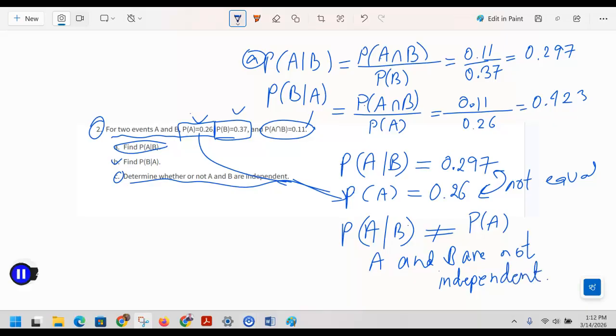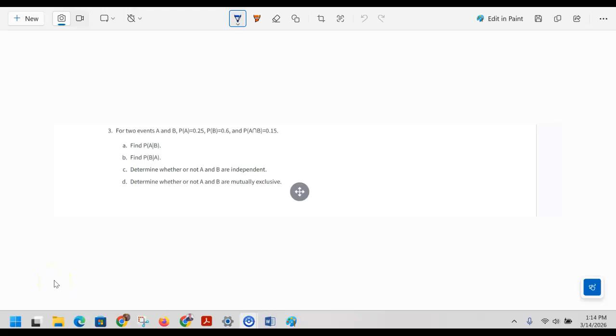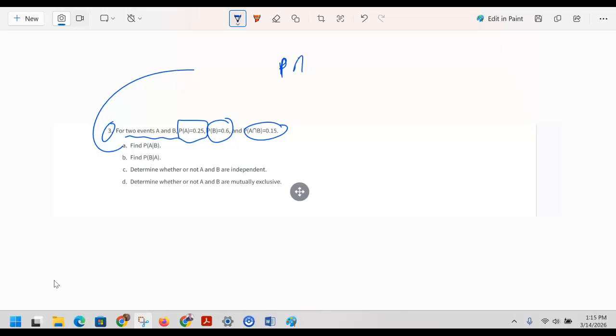Let's do another one. Let's check this probability. Again, they give us three probabilities: probability of A is given, B is given, and A and B is given. The first question is probability of A when B is given. The conditional probability says it's a ratio.